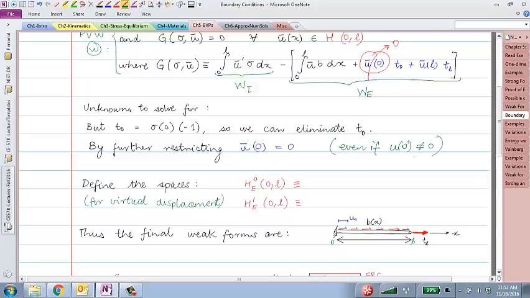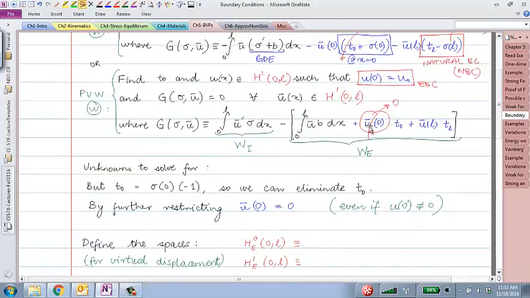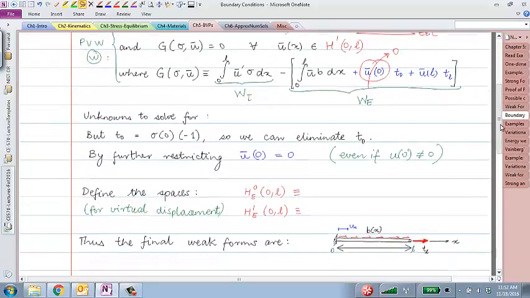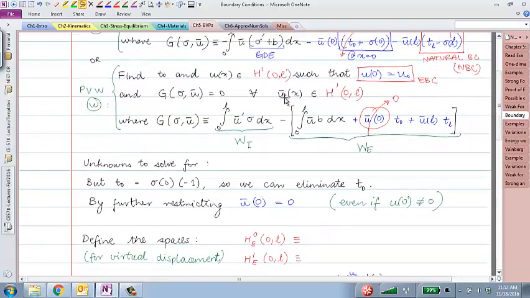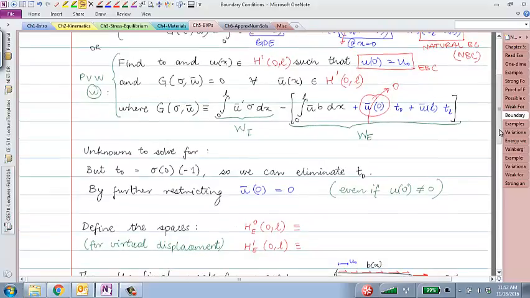If we do that, then we have eliminated that term from the weak form problem, and that simplifies our weak form a little bit, but that also poses an extra condition on the virtual displacement. So we cannot pick virtual displacement from this space anymore. We must add a condition on it.